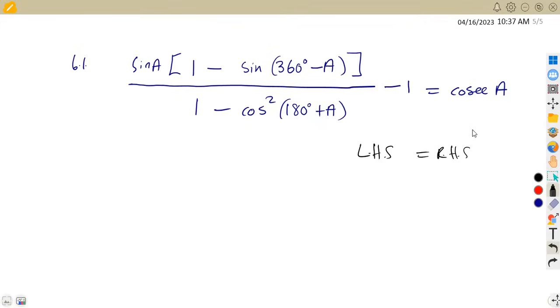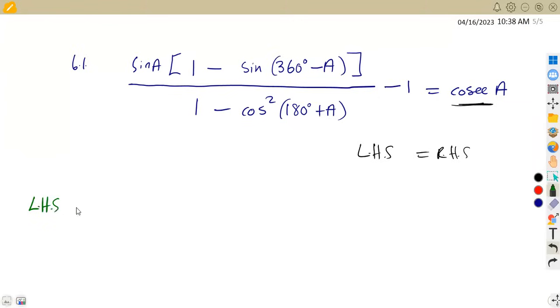In this case, it's easier to work from the left-hand side. It's the most complicated, with a lot of things. On the right-hand side we just have a single term, so it would be difficult to work from there.